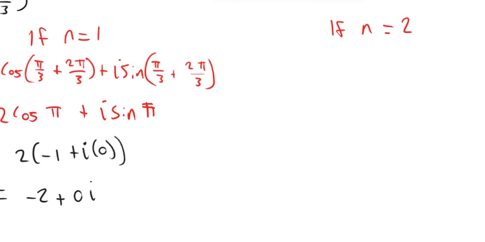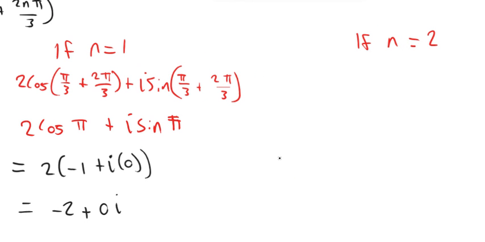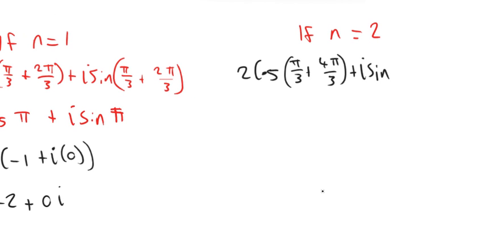So if n is 2, so we're going to put it all in again. So 2 cos of pi over 3, and it'll be plus, well, 2 times 2 then will be 4, so plus 4 pi over 3 plus I sine pi over 3 plus 4 pi over 3.